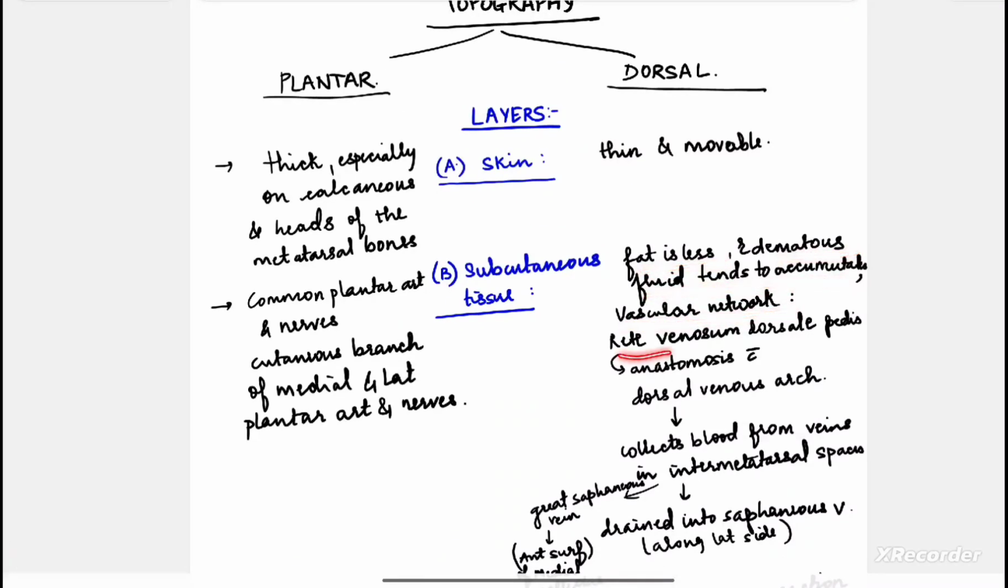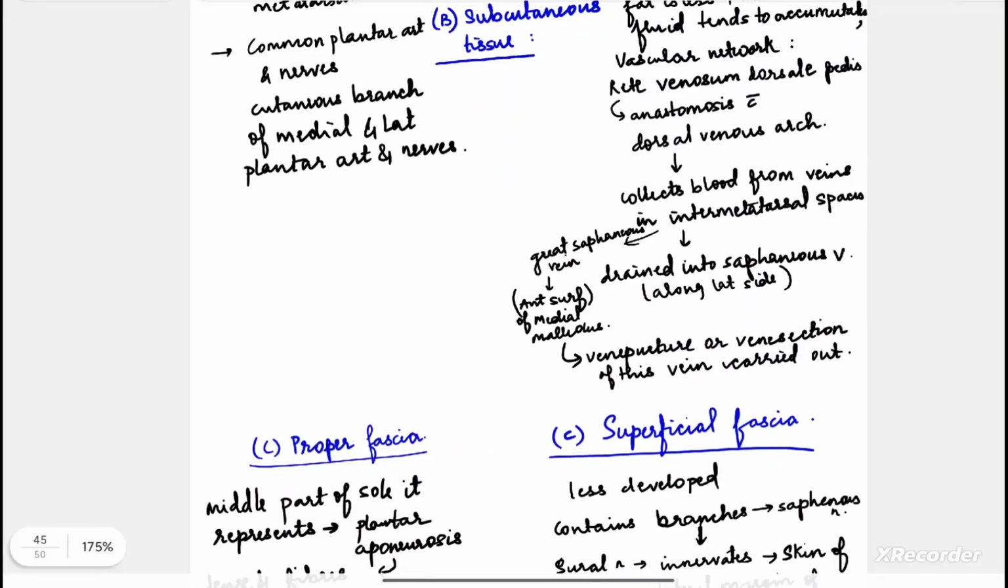The vascular network is the dorsal venous network of the foot, anastomosing with the dorsal venous arch, which collects blood from the veins of the intermetatarsal spaces into the greater saphenous vein, or drains into the saphenous vein along the lateral side. When it drains into the greater saphenous vein, it runs to the anterior surface of the medial malleolus, where venous sections of this vein are carried out.